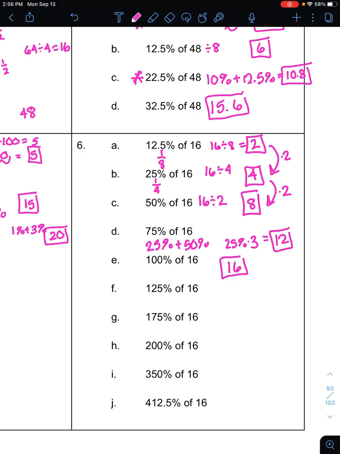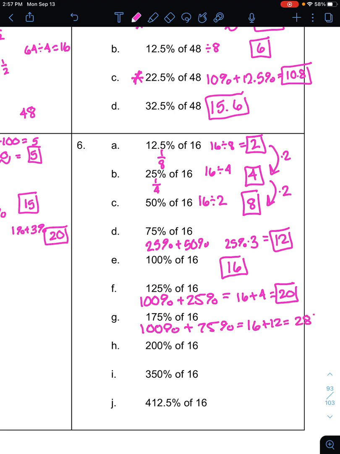I think here I'm going to add together my answers for 100% plus 25%. So 100% was 16, 25% was 4, so that gives me 20. 175%, I'm going to do 100% plus 75%. That's 16 plus 12. That's 28. 200%, I'm going to double my answer from 100%. That's going to give me 32.